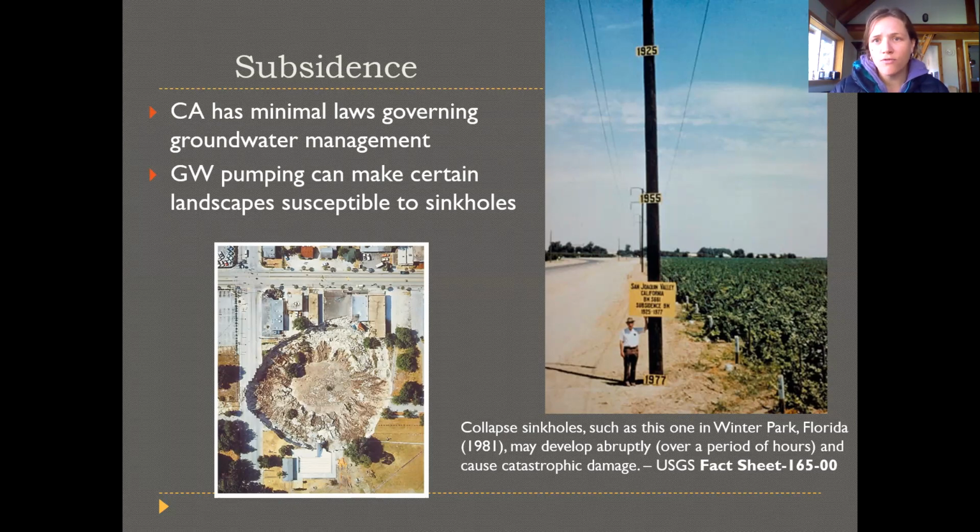There's a famous photograph that you see in most groundwater discussions about California that I have shown here on the right. This is showing the surface of where the ground level used to be in 1925 on this power pole, then 1955, then 1977, and then it's considerably lower today than it was in 1977.